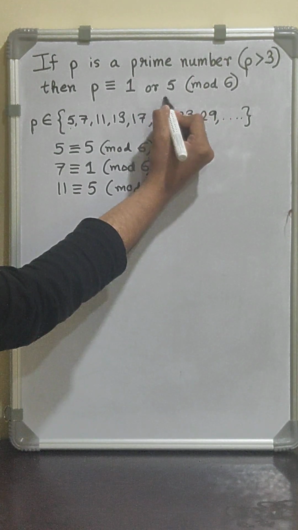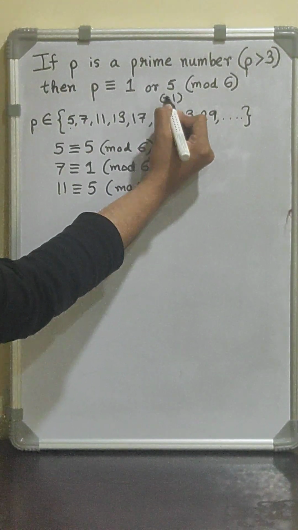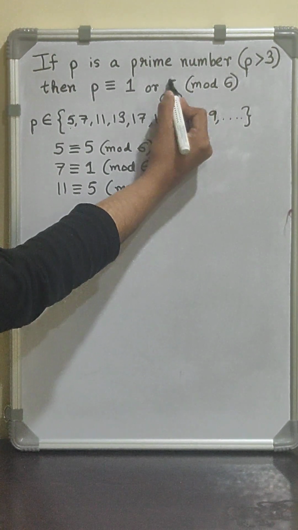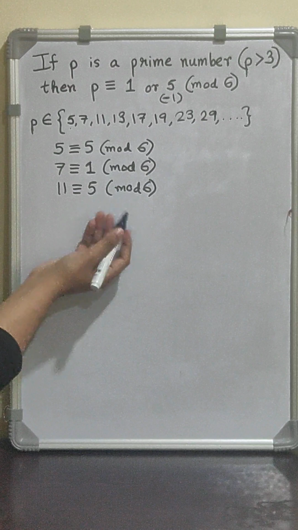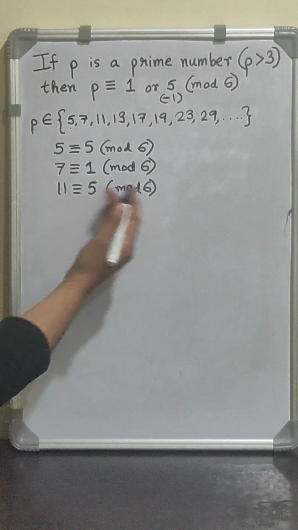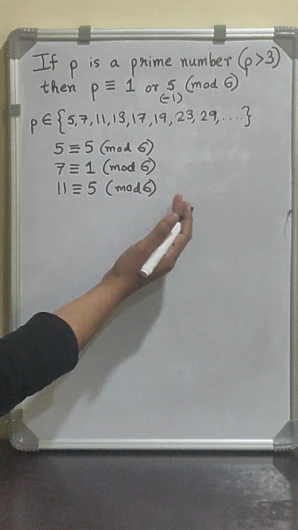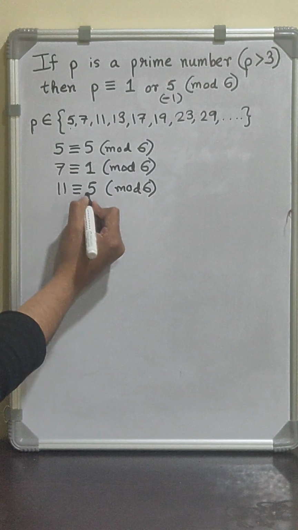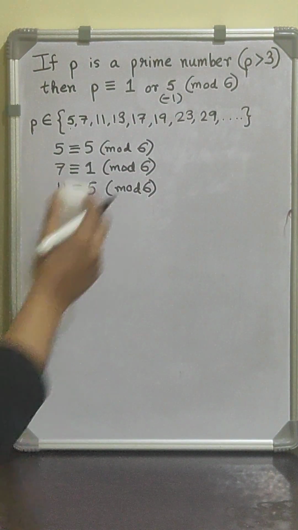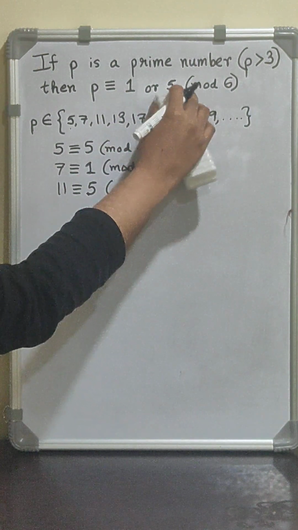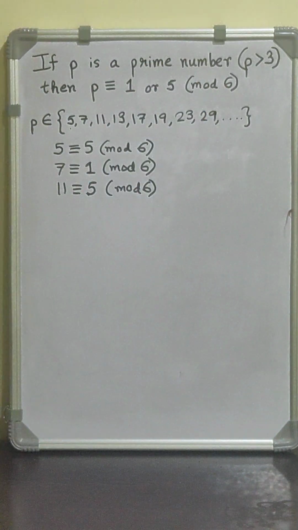Sometimes this remainder is also called minus 1, because if 6 is leaving a remainder of 5, you can also say it's like minus 1 from the next multiple of 6. So anyway, we are gonna call it 5 here, because that's easier to understand.